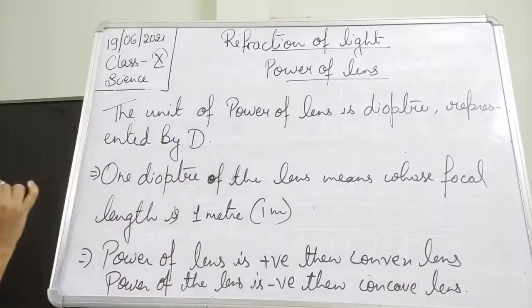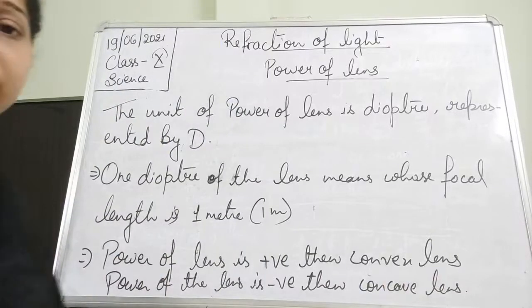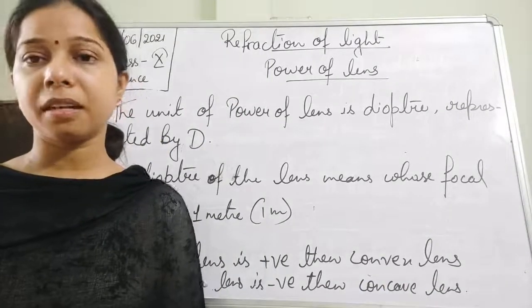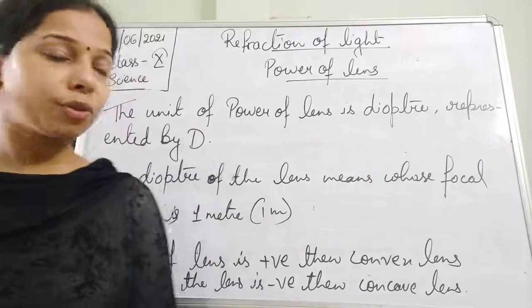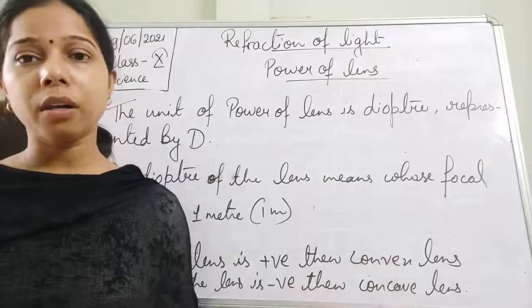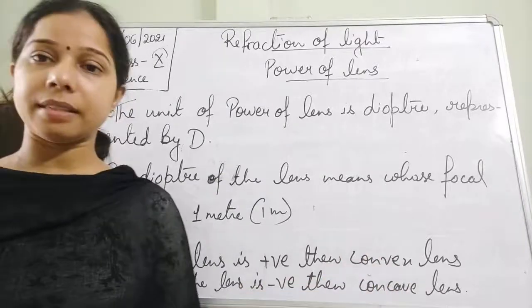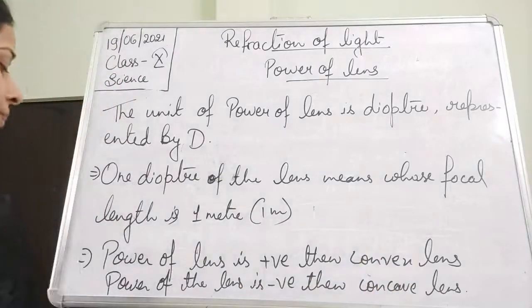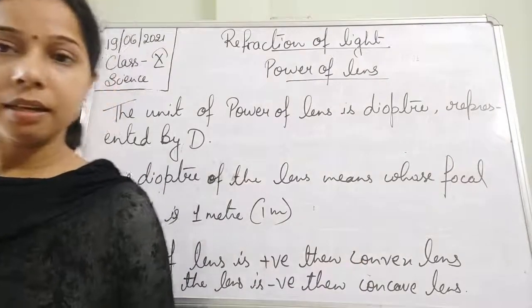The reason is that the focal length of the convex lens is positive and the focal length of the concave lens is negative, and that is why the power of the lens is also positive and negative respectively.